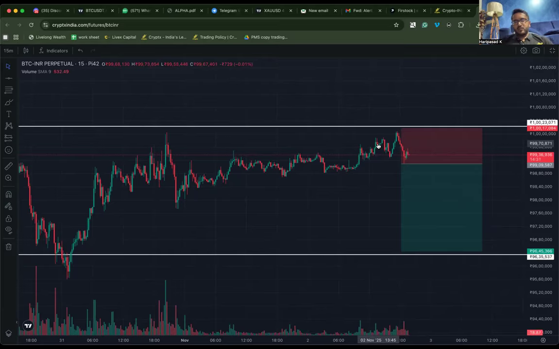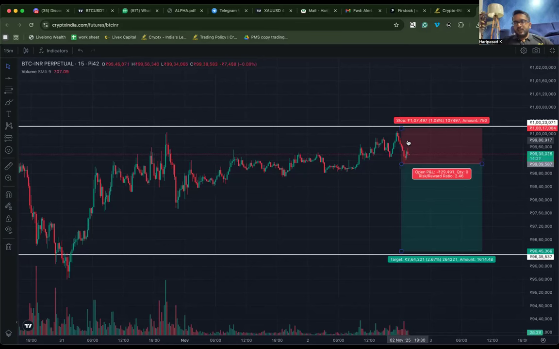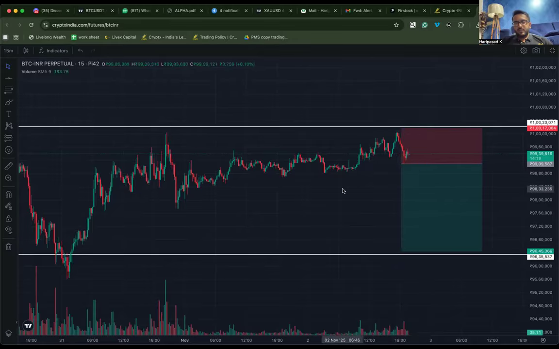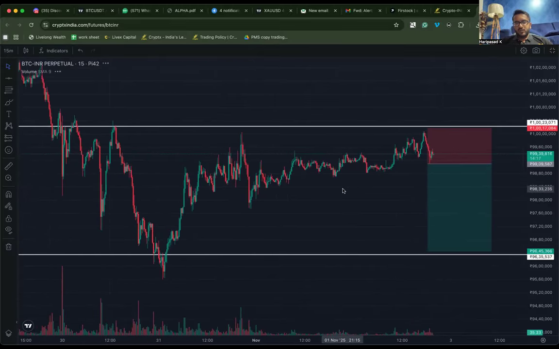Both ways I can approach the trade. This would be a more conservative approach, meaning the stop loss is a little farther away.